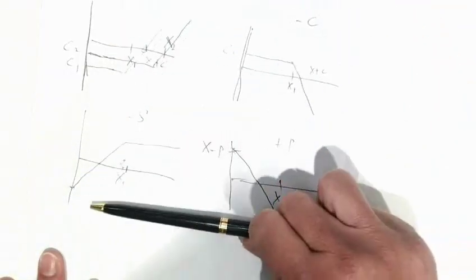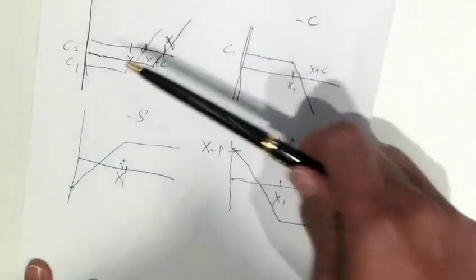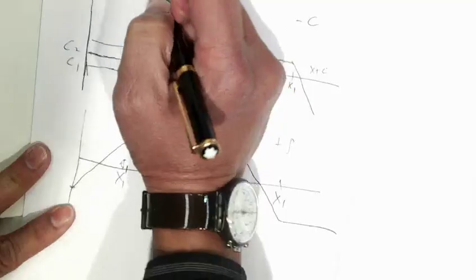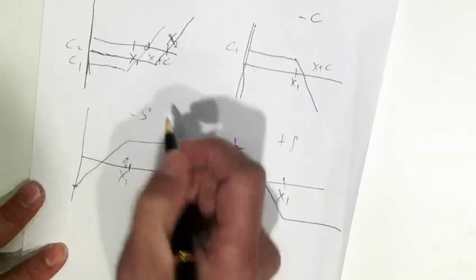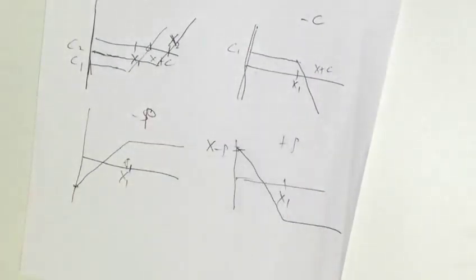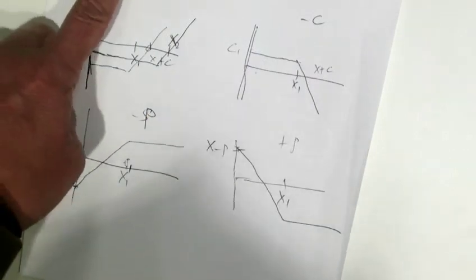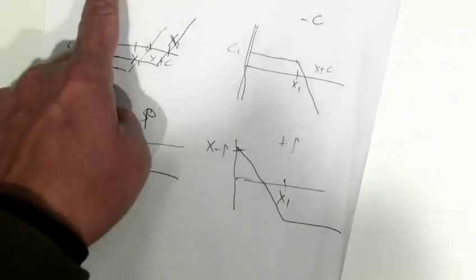Okay, so these are the 6 diagrams that you must become very familiar with. Long stock, short stock, long call, short call, and short put, long put. Now, when you look at a diagram like this, or when you draw a diagram like this, every time the profit graph crosses the horizontal line, that is your break-even point.